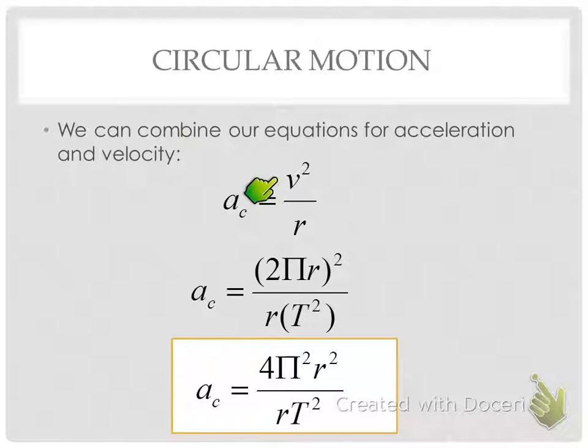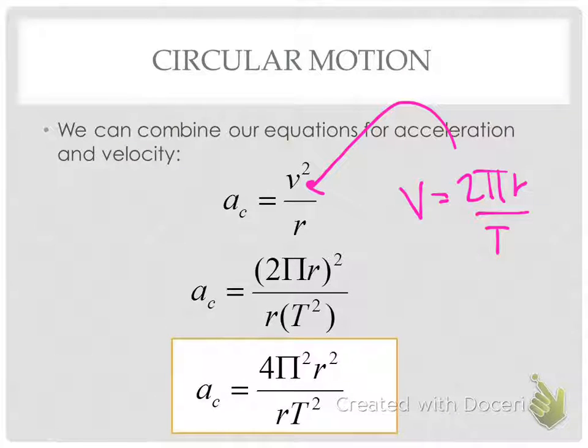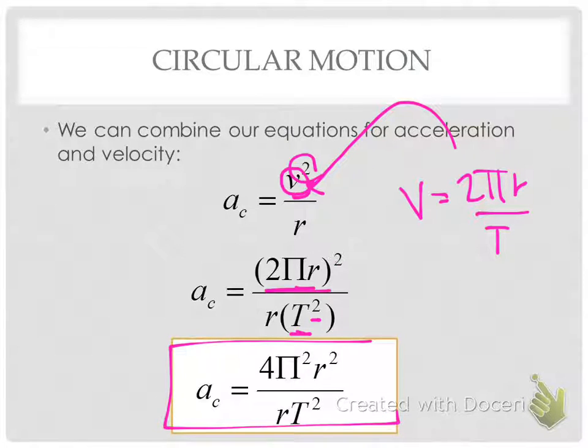All that I'm doing here is substituting velocity, which equals 2 pi r over t, into this equation. But v is squared, so we have to take 2 pi r squared over t squared. Do we see where that substitution's been made? We good with that part? All that we're doing down here is expanding that equation out.